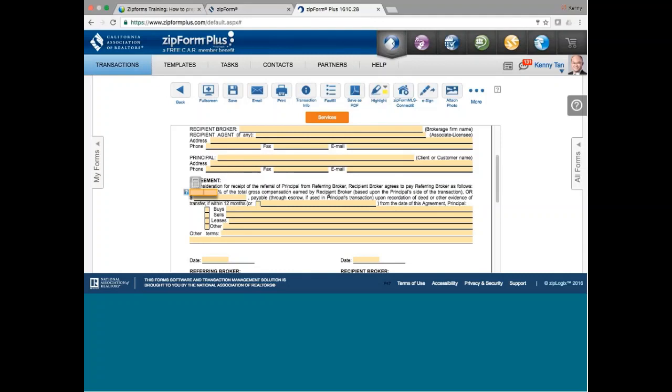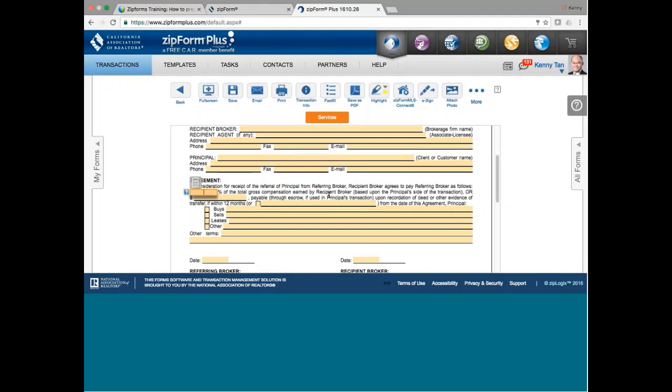Now, what happens if you have a $1 million listing? Your total commission is 5%, right? And you split 2.5% to the selling agent, which means that your total commission that you earn from the transaction is $25,000.